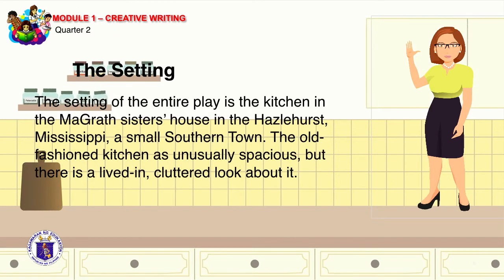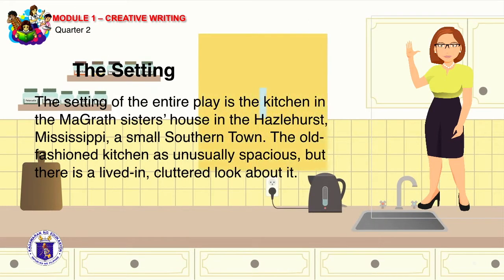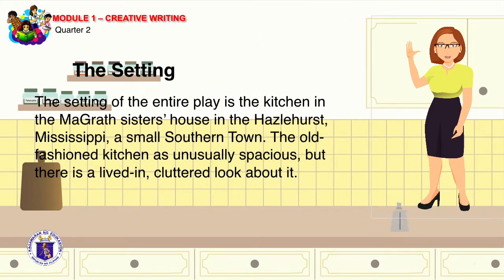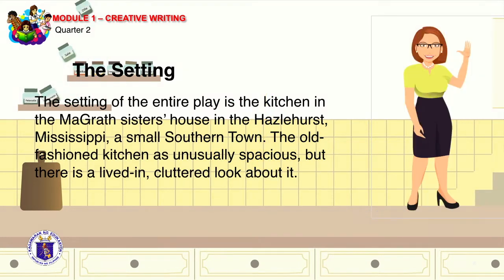Now let us talk about the setting of the entire play. The setting of the entire play is the kitchen in the McGrath sisters' house in Hazelhurst, Mississippi, a small southern town. The old-fashioned kitchen is unusually spacious, but there is a lived-in, cluttered look about it.